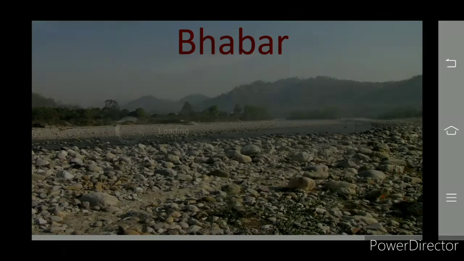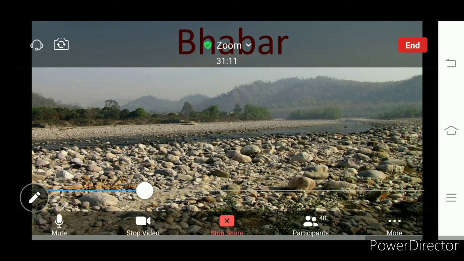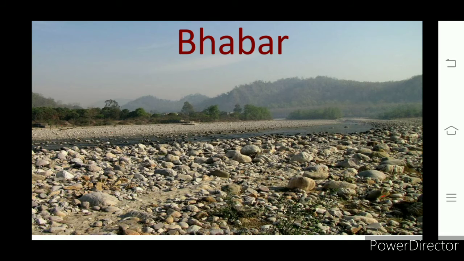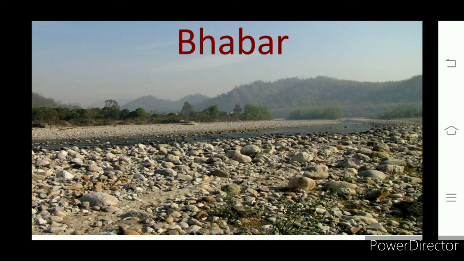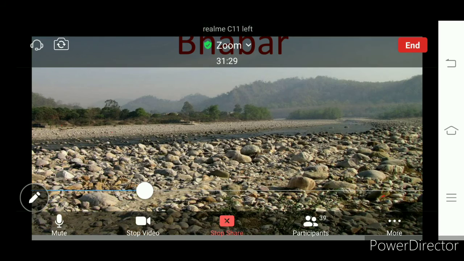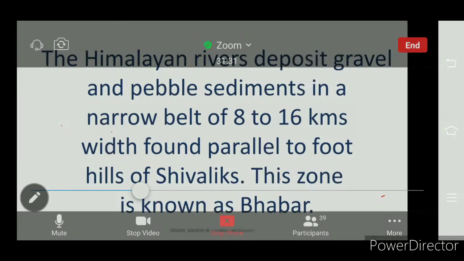What is it called? Babar. Look, this is the Babar. Some pebbles and stones, some small stones. Okay, these are found at Babar. What is Babar? At the foot of the Shivaliks in a parallel range.